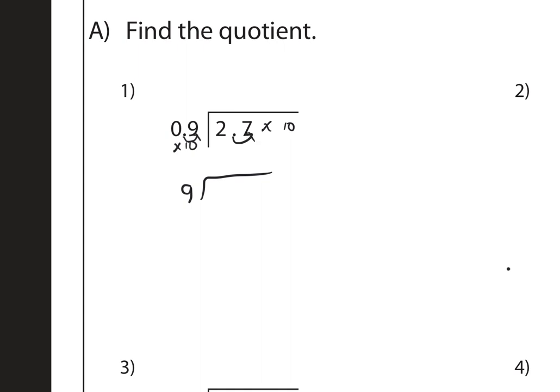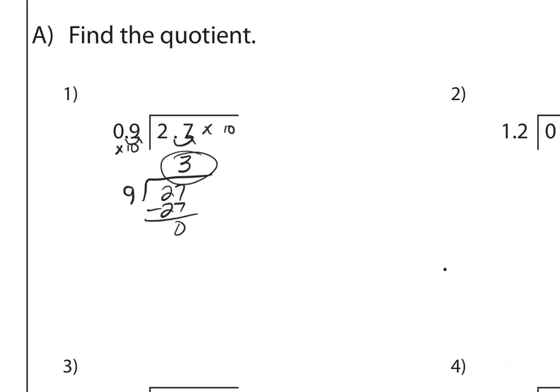This decimal will move one place because of that 0, and I will have a 27. Now that I'm done, and I've moved my decimals, I no longer have a decimal in my divisor, I can divide. 27 divided by 9 will be 3. 3 times 9 is 27. When I subtract, I have nothing left to bring down. My answer to this problem is 3.